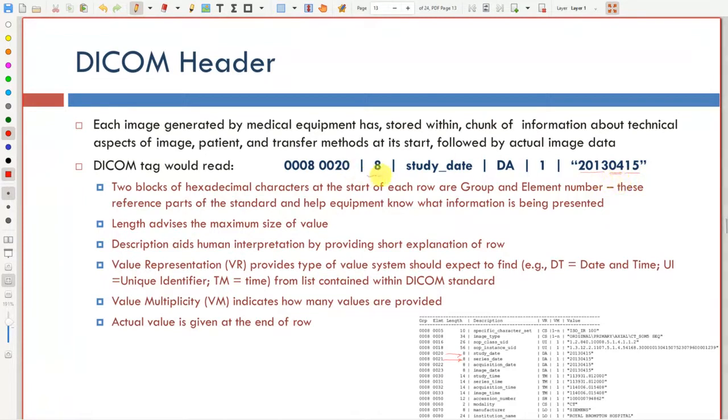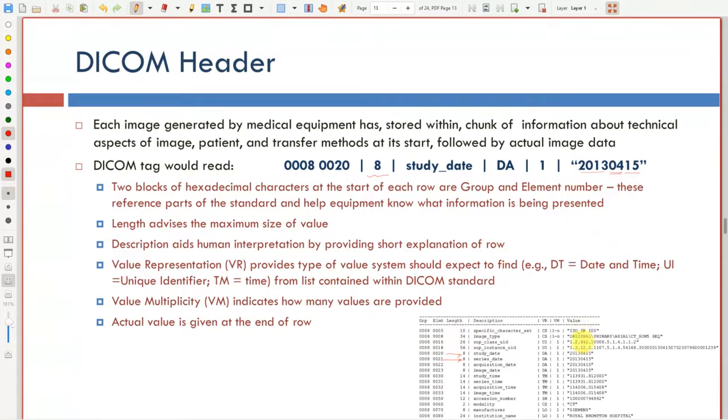And usually here you have the length of the data that is expected. So here you have 8 digits: 4 for the year, 2 for the month, and 2 for the day. So this specifies exactly the number of characters you expect for each one of these. So as you see here, if you go over these kinds of examples, for example image type, you have a length of 34, okay?